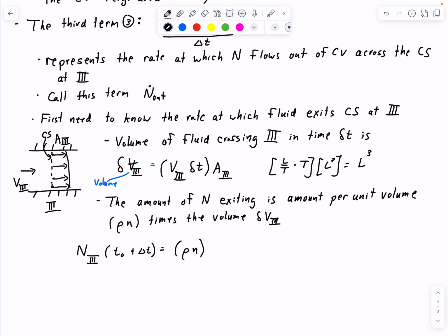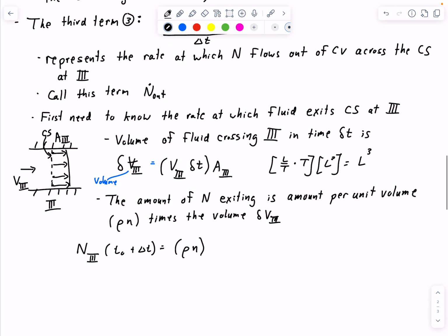And so you multiply this by this elemental amount of volume of fluid, and this becomes rho times n times A3 V3 delta t.